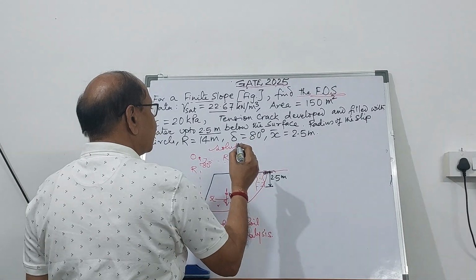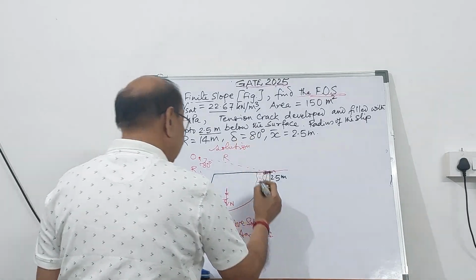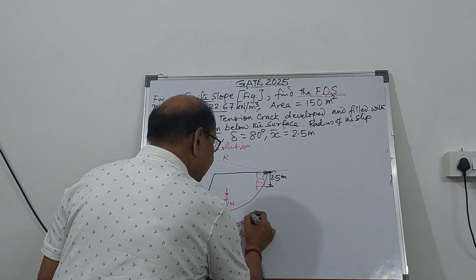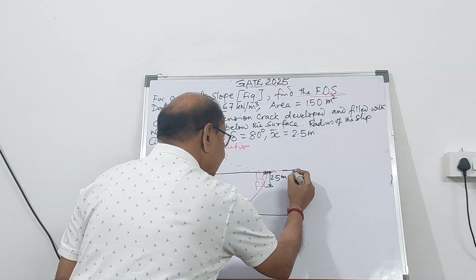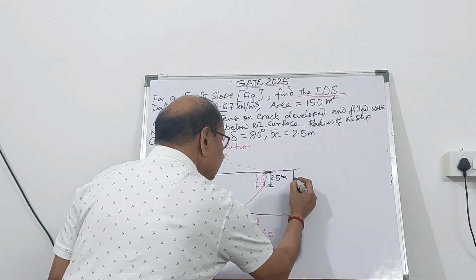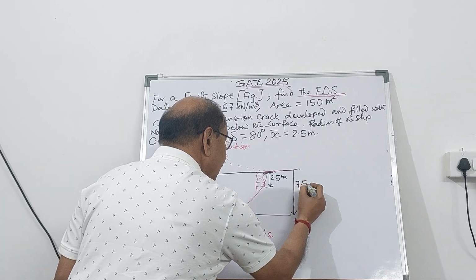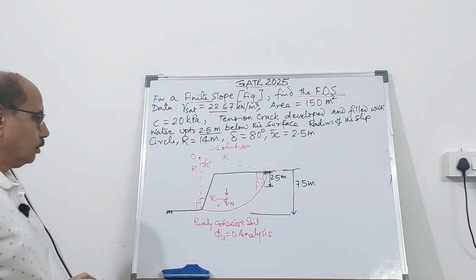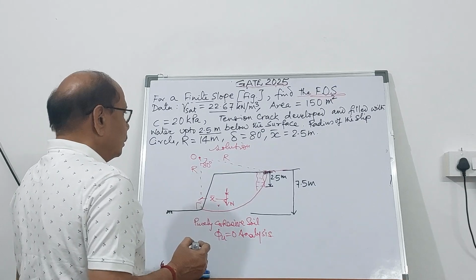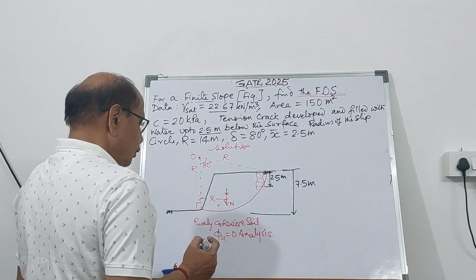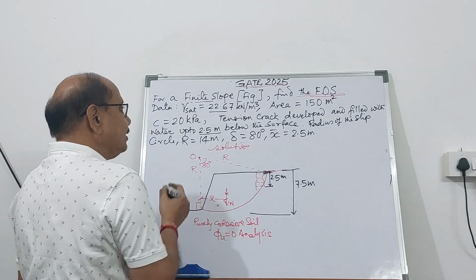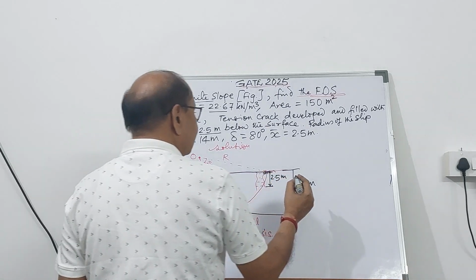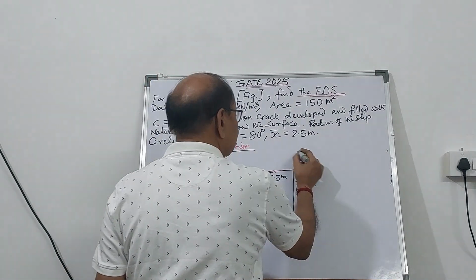Radius of the circle is given to you, and this distance is also given in the problem in the figure. This distance is 7.5 meter. It's a given. Now, if you are analyzing this problem for finding out the factor of safety, the solution will be like this.